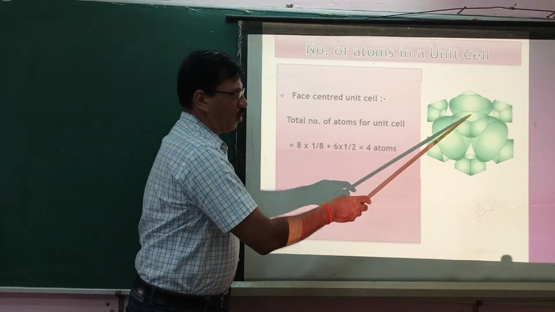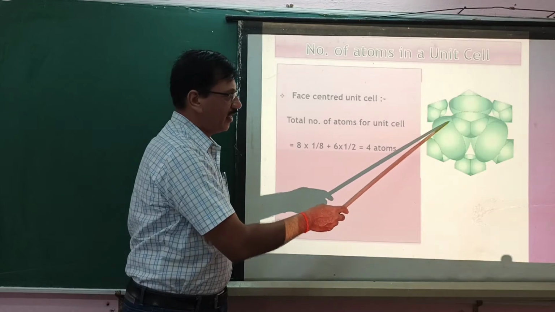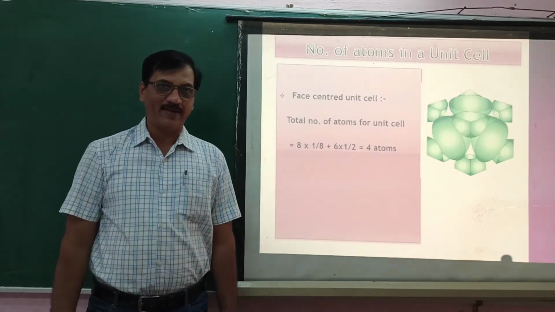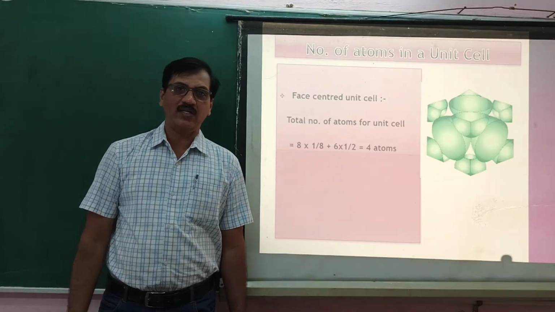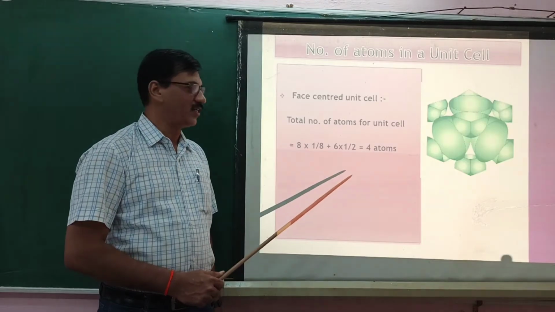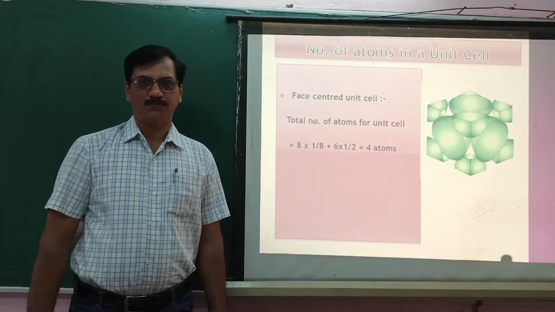Along with the corners, that is 1/8 of 8 corners, there are atoms at the faces. How many faces are there? 6 faces. That means half of the 6 atoms also belong to the unit cell. Half of 6 is 3. 3 plus 1, there are 4 atoms.